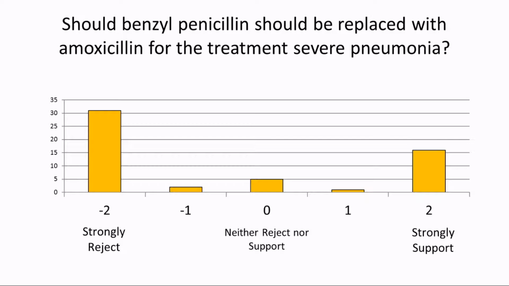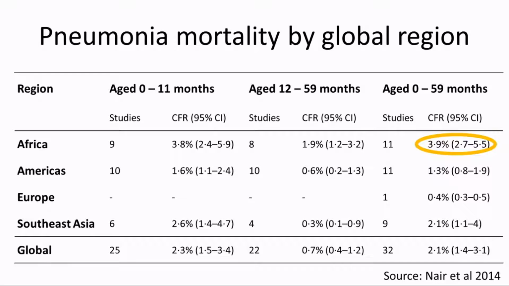And one of the main reasons given for not adopting this recommendation to switch from injectable treatment to oral treatment for severe pneumonia was that mortality within African populations might be higher, and there is some evidence to support this. So this is a review that was published in 2014 looking at mortality among children with pneumonia across regions of the world.